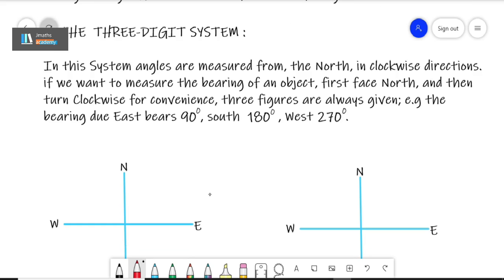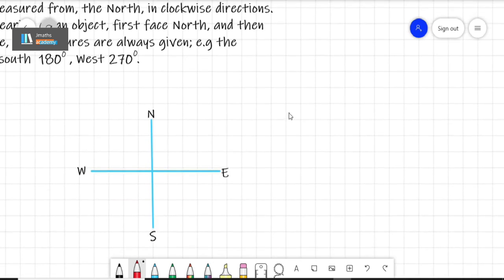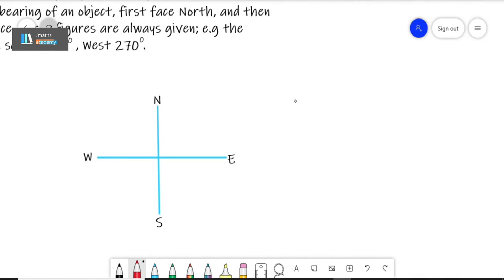So for this system, we are told that we are moving in a clockwise direction. So our first movement will be 90 degrees. So from north to east, we have 090 degrees. For this cardinal point, we are moving 180 degrees. So we are moving from north in a clockwise direction to south at 180 degrees.